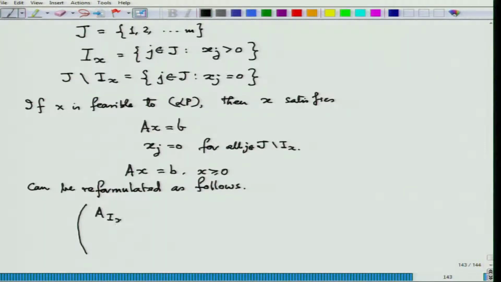So, consider Aix, that is, this is the matrix whose rows consist of those rows. Your column is the same, it consists of those rows which belong to Ix, J is 1 to m. So, we can write down this form in this partition form.